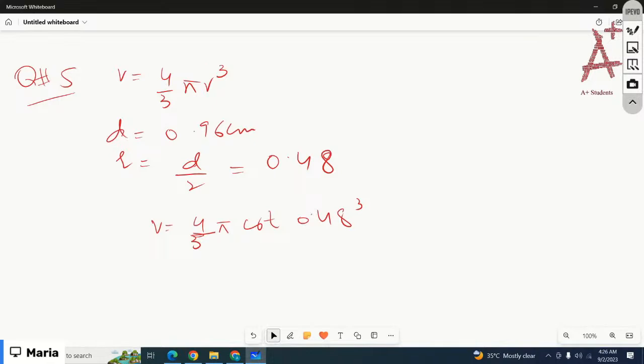It is 0.47 centimeter cube, right? So now you have to find the number of ball bearings that fit in a volume 8,000, right? So you have to divide 8,000 divided by 0.47. So it would be 17,021 ball bearings can be fit into a box, right?